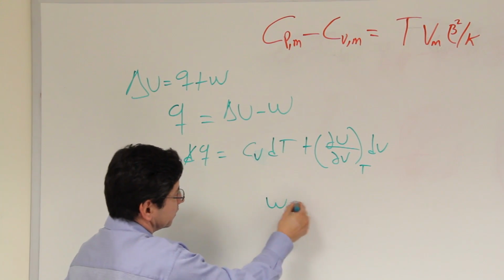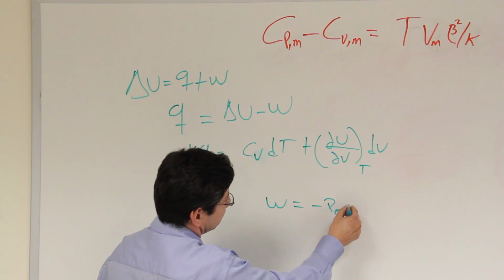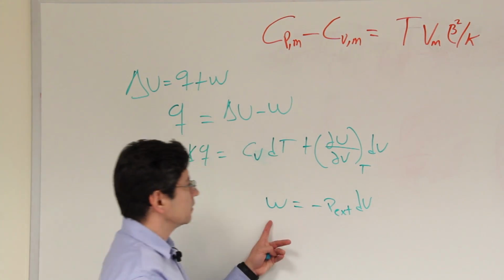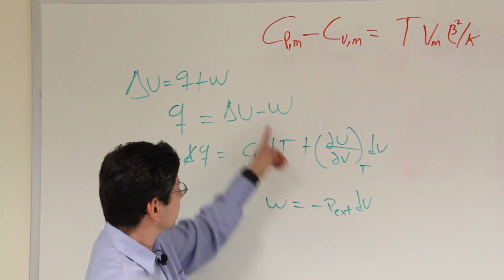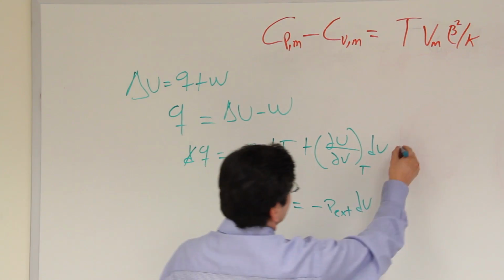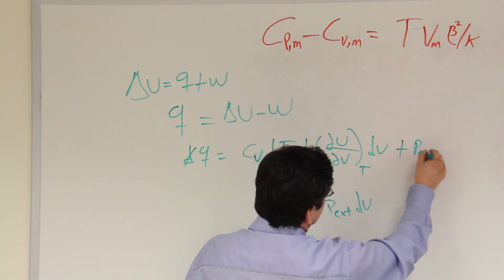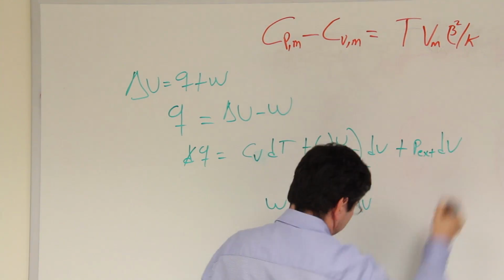Recall, work is defined as minus P external dV. So the minus and the minus becomes a plus: plus P external dV, right?